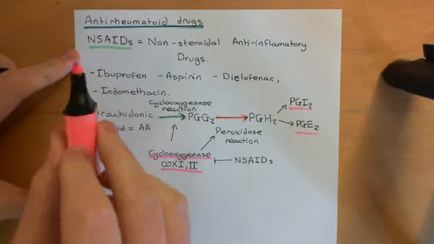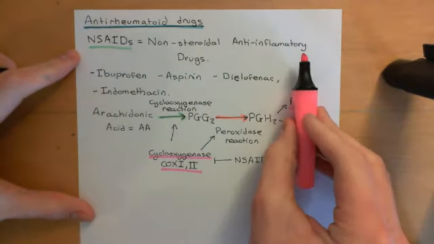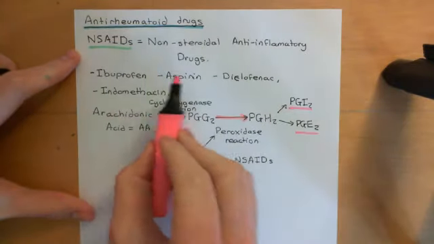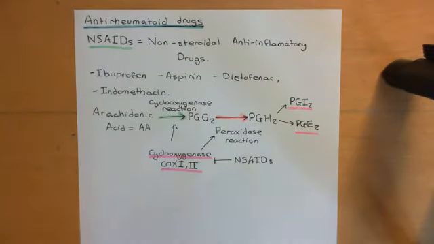So you can't just go from arachidonic acid to these without first going through this conversion. So that's how the non-steroidal anti-inflammatory drugs prevent the synthesis of prostaglandins by those synovial macrophages.